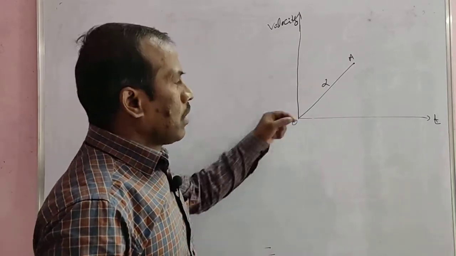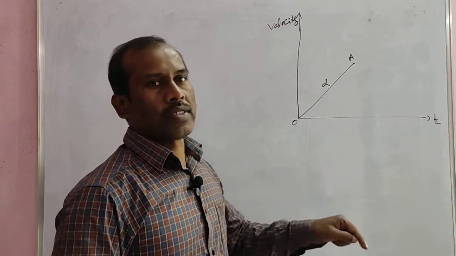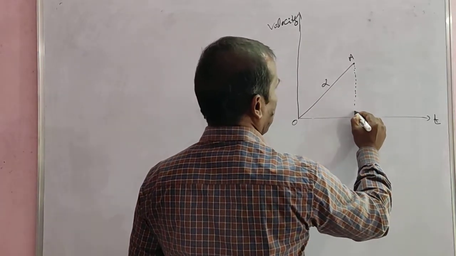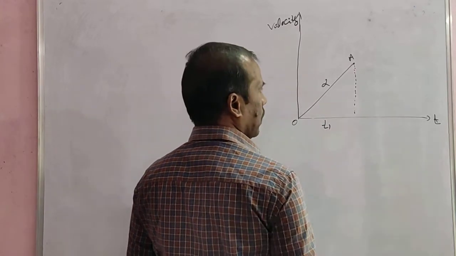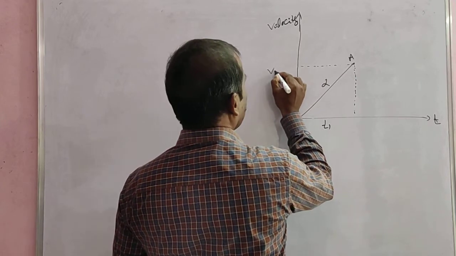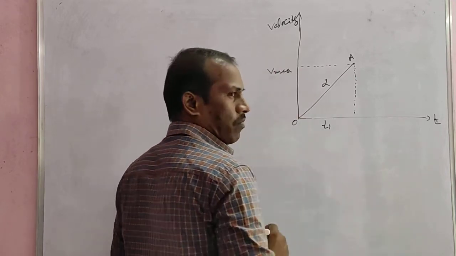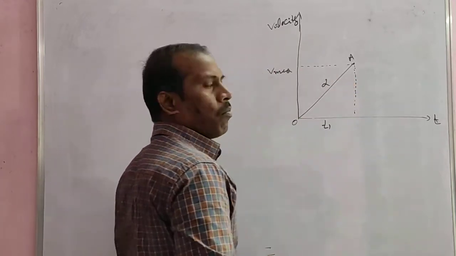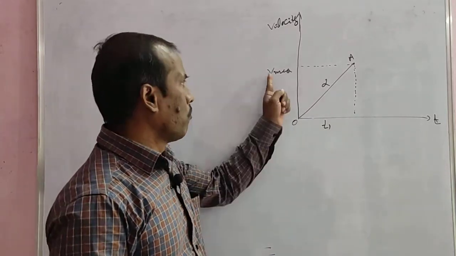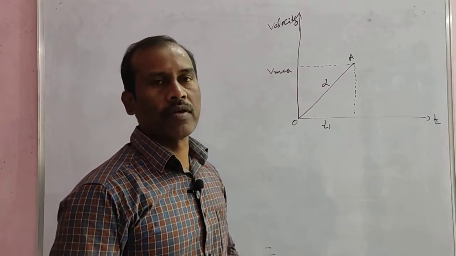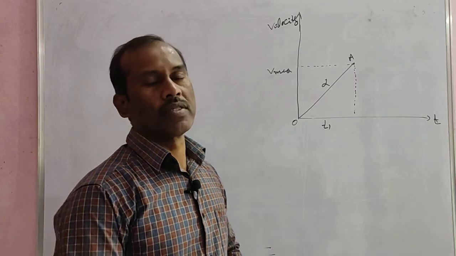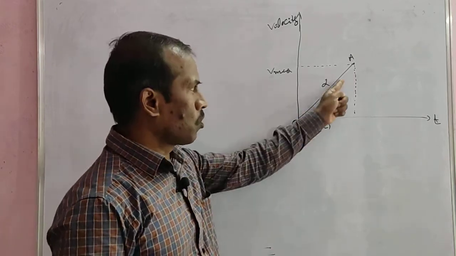After that it decelerates to come to rest. This alpha is positive, so OA is a positive slope. The velocity-time graph gives a straight line, and this straight line gives the acceleration of the bus.